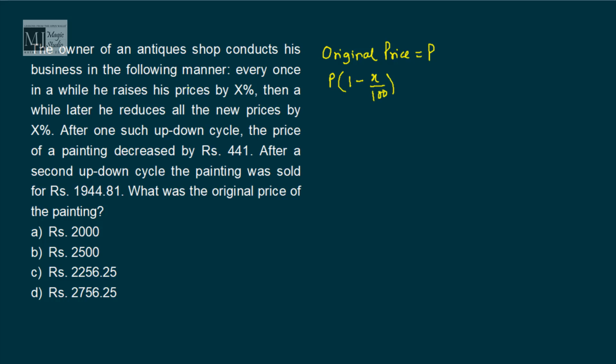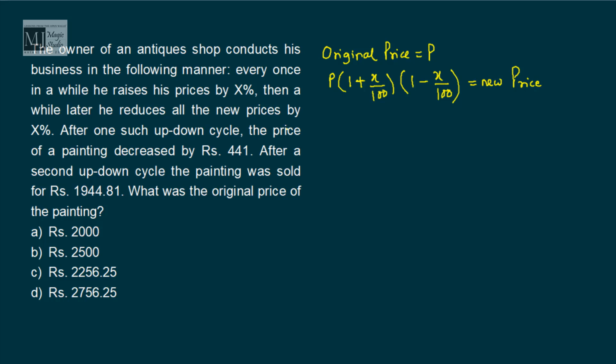He is first raising by X%, then a while later he reduces all the new prices, so P into 1 plus X by 100 into 1 minus X by 100. This becomes the new price after one such up-down.